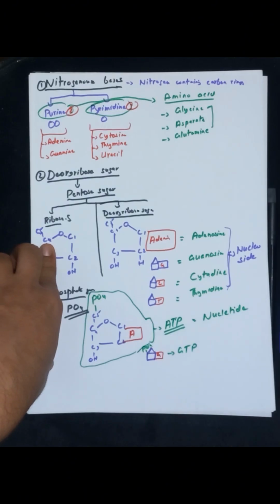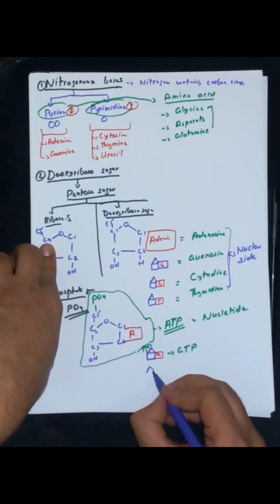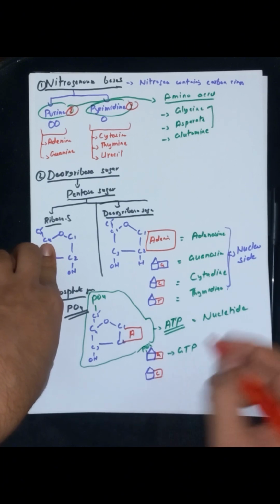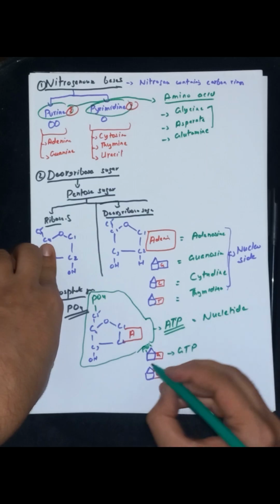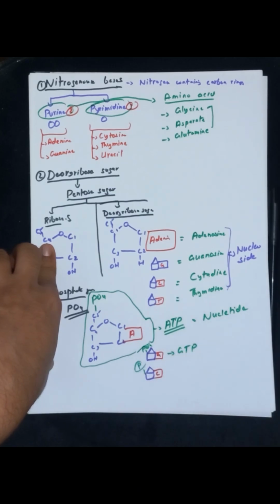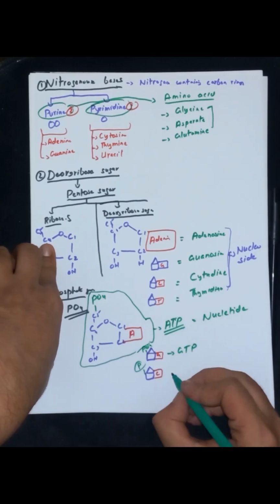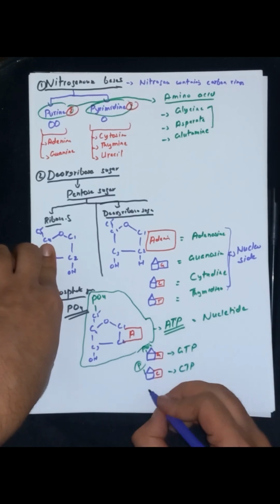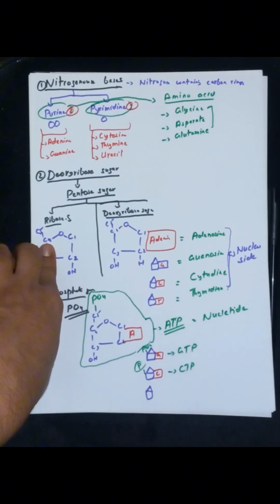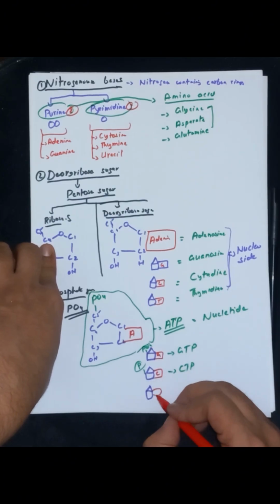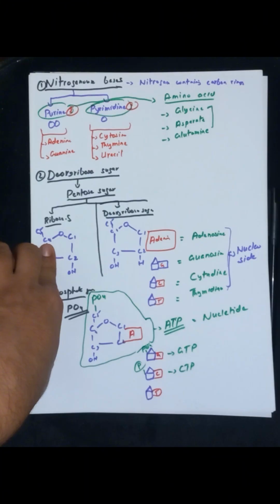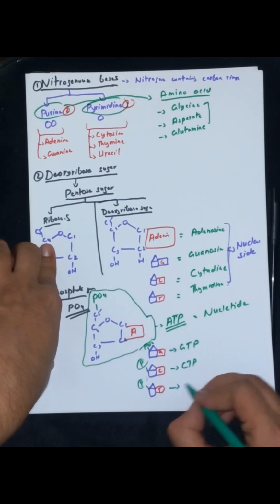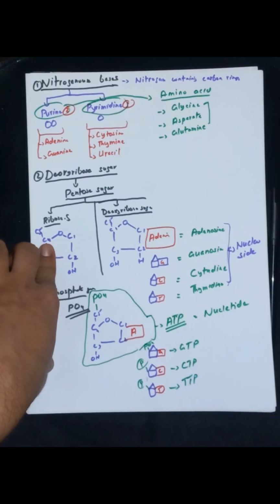Okay, and again this is deoxyribose sugar, here is cytosine, and here is the phosphate group. So what has it become? CTP. Again there is deoxyribose sugar, and again there is thymine, the nitrogenous base, and there is the phosphate group. So what will it become? TTP.